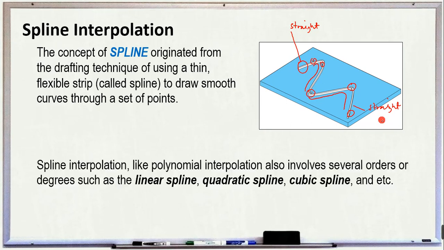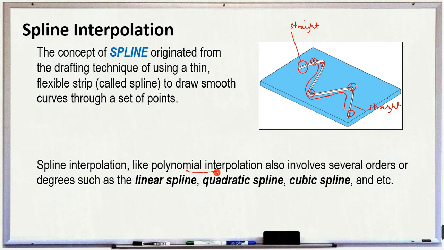So, ang spline pod class nga interpolation, like polynomial interpolation, also involves several orders or degrees. Kung nitanaw mo sa previous nga discussion, sa atong polynomial interpolation, we have linear interpolation, that is, ang degree niya is 1. So, mao nang linear equation siya.